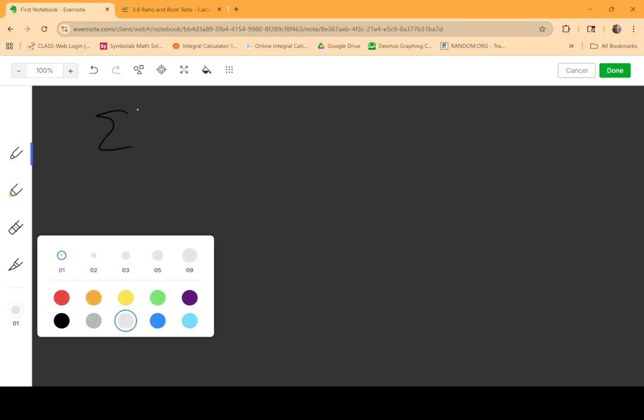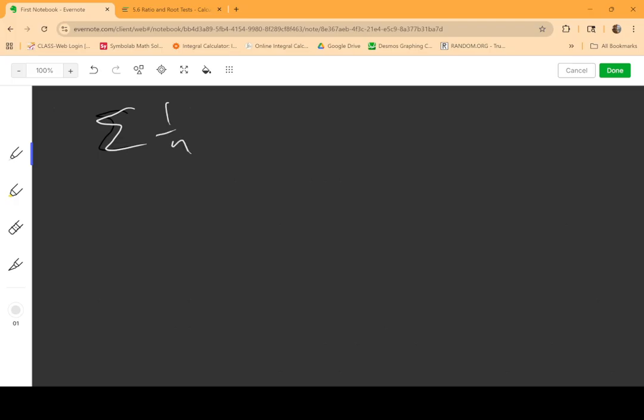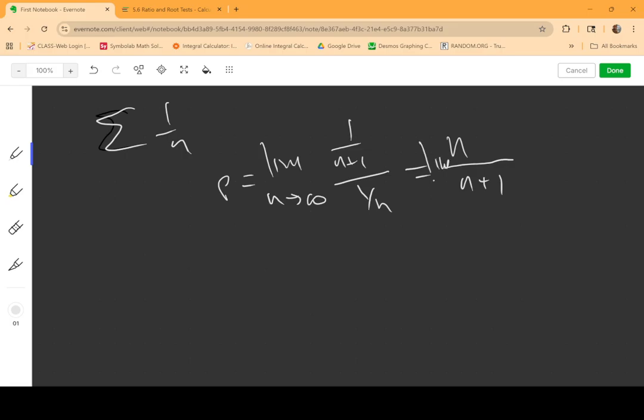If you take the ratio, for example here, the limit as n goes to infinity, this rho is 1 over n+1 over 1 over n. Here that becomes n over n+1, limit as n goes to infinity, which is 1. We know already from previous tests that this diverges.